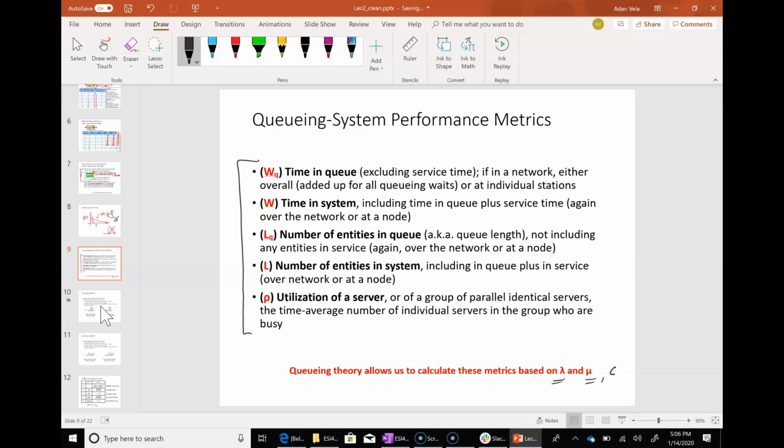So if you were to tell me, hey, we get 5 customers per hour at my McDonald's, and each cashier can service 10 per hour and I have 2 cashiers, I can tell you how long each person is going to have to wait on average. Yes? How do we calculate utilization? We'll get to that.